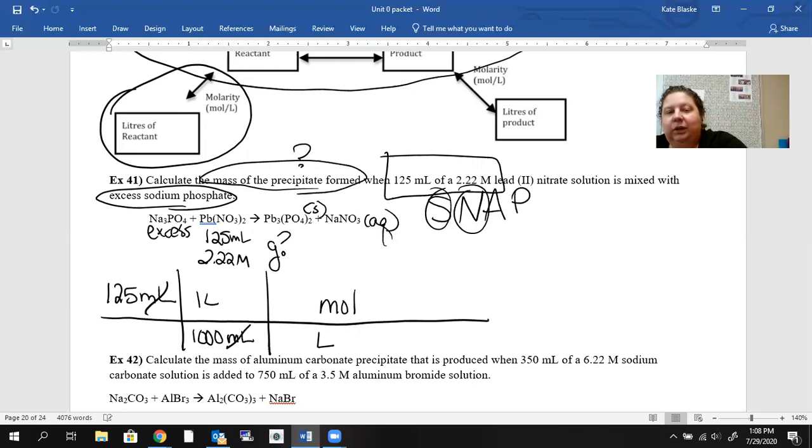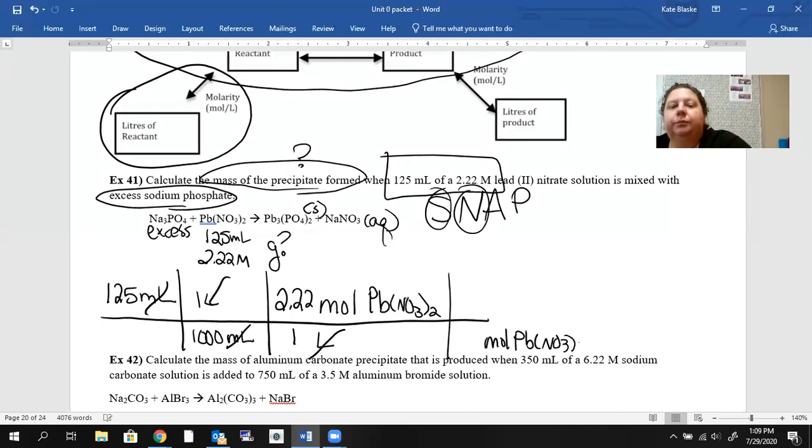So I can use that molarity as a conversion factor, because 2.22 molar means 2.22 moles for every 1 liter of that lead nitrate solution. Now it goes on like a normal stoichiometry. Liters cancels out. I've got moles of lead nitrate, so I can turn moles of lead nitrate into the moles of the lead phosphate that I'm trying to find.